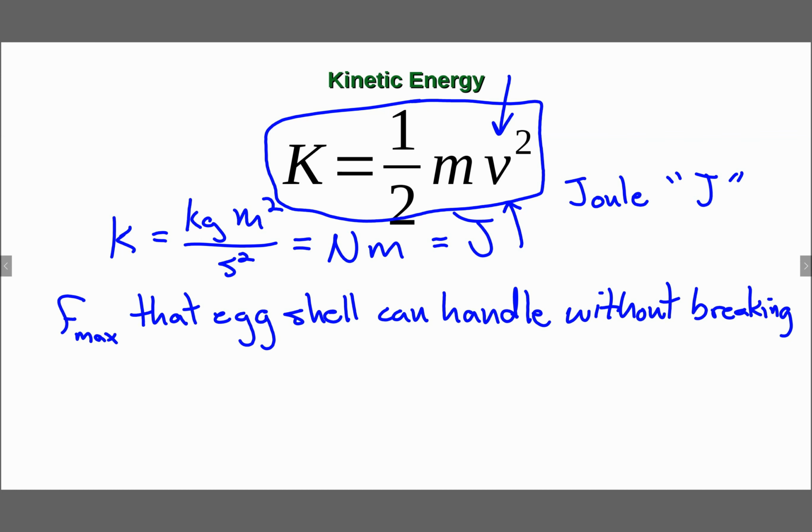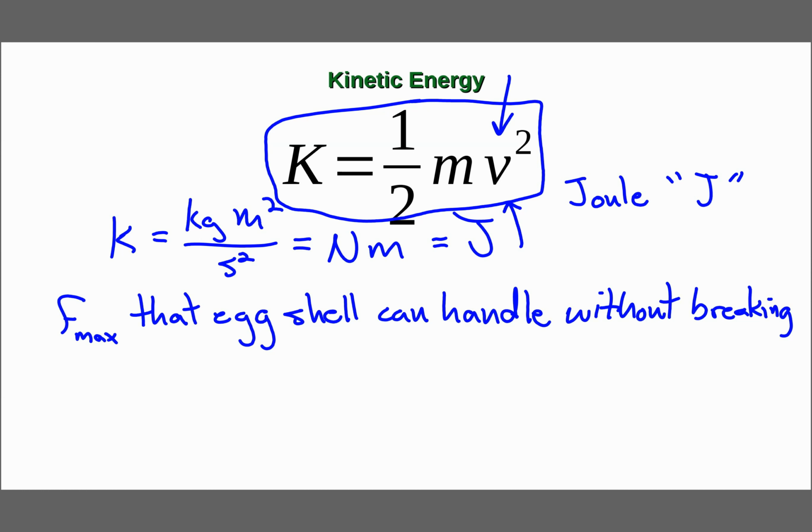Okay? So much like the static force of friction, the eggshell can apply a normal force back on my hand up to a certain point. If I go beyond that point, then what happens is I break the eggshell, okay?